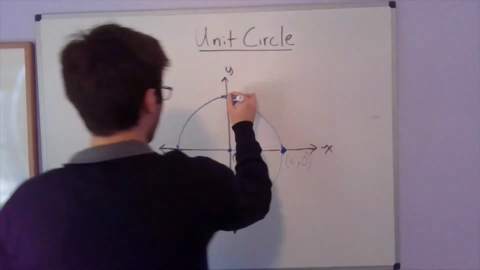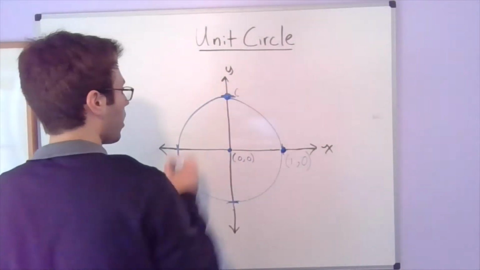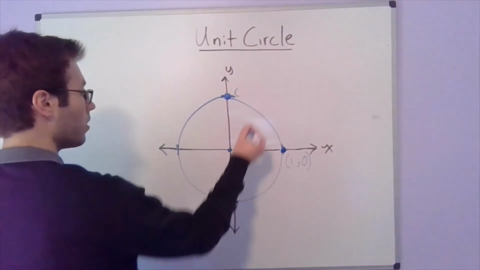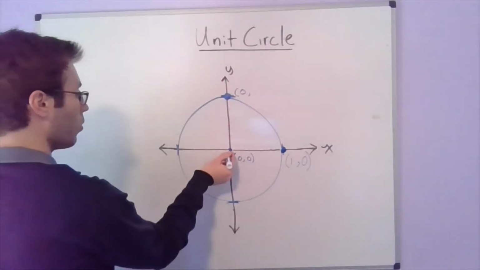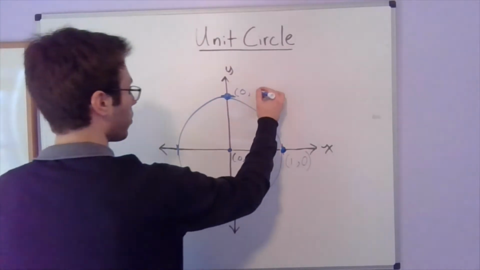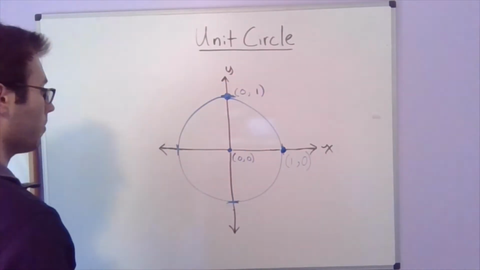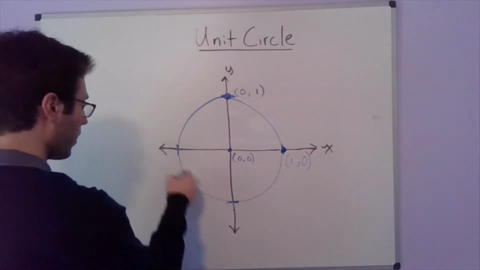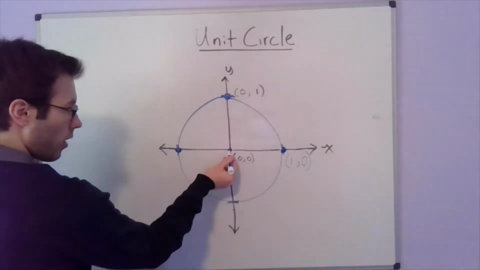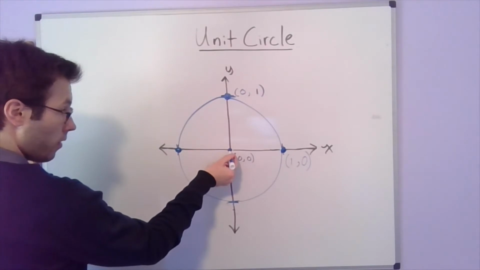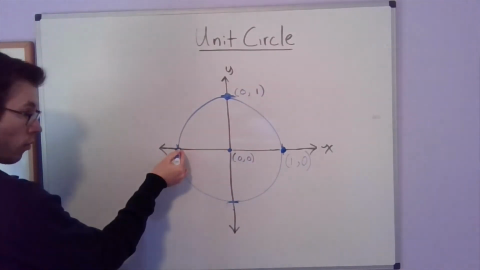Also, if we're looking at this value right here, and we're wanting to figure out where that lies on our circle here, it's not going anywhere in the x direction, so it's 0. We count 1 unit up, so that point will be 0, 1. Now let's look over here. If we look at our x value here, this value would be -1.